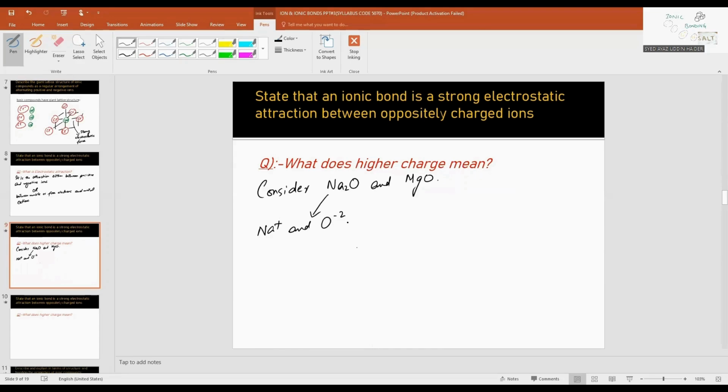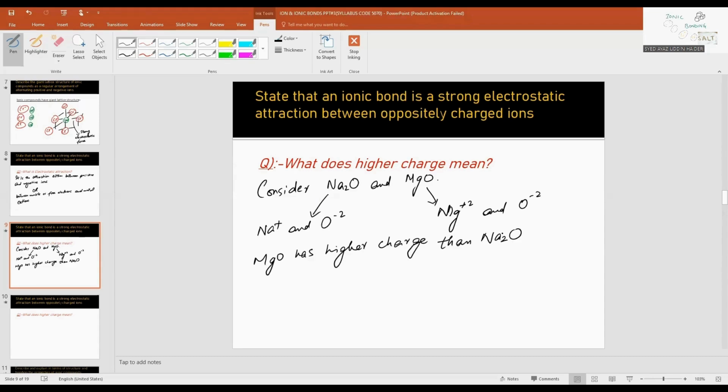And in MgO, there are lots of Mg2+ and O2- ions, which means MgO has a higher charge than Na2O.